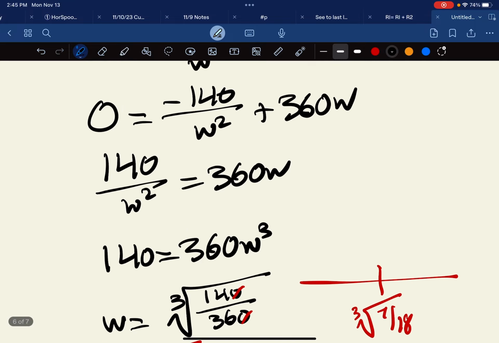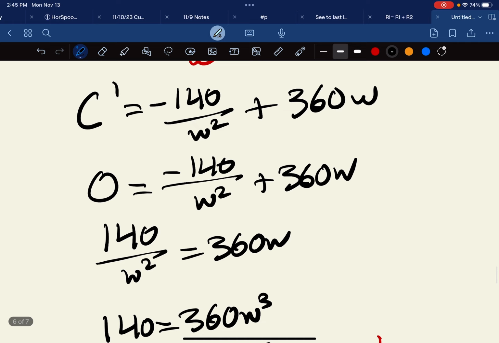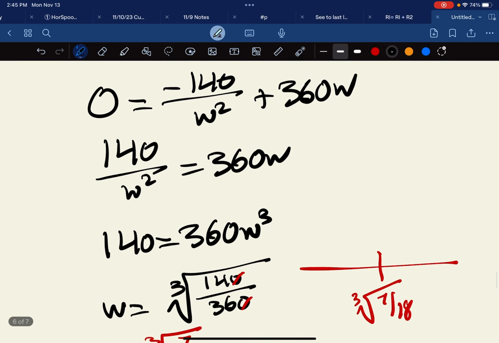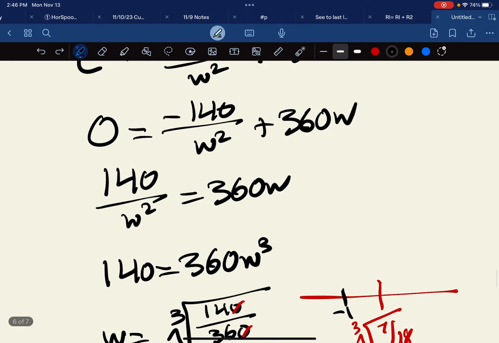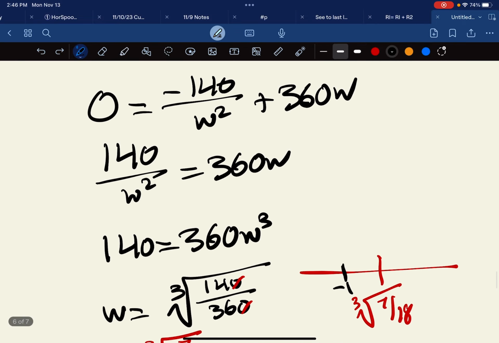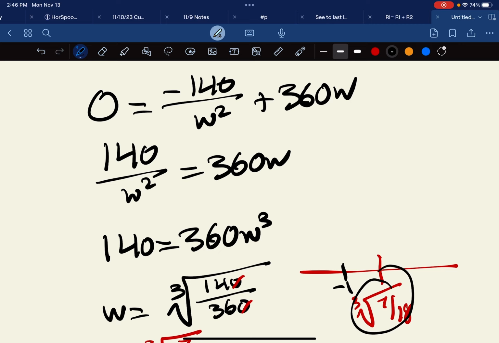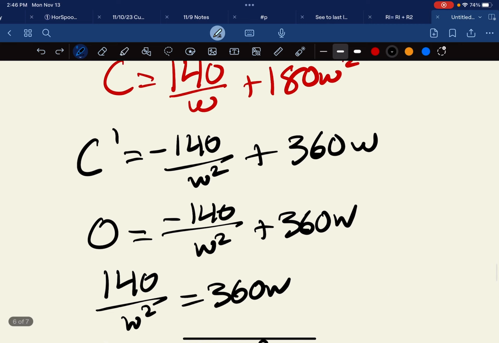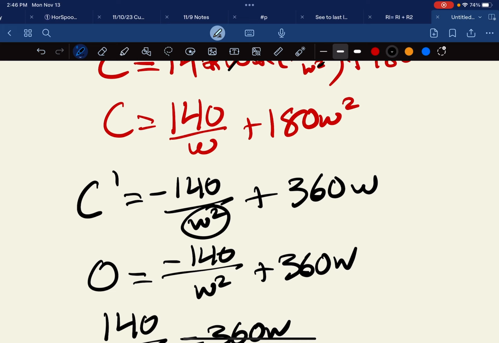All right, great. So now if we plug something to the left of this into our function, and we're looking at a regular C prime. So if we plug in -1, that's to the left of this, right? That gets squared, that becomes positive.